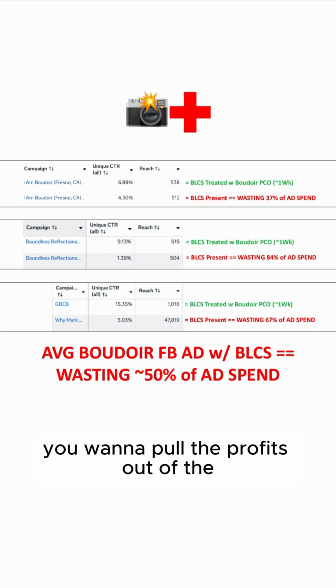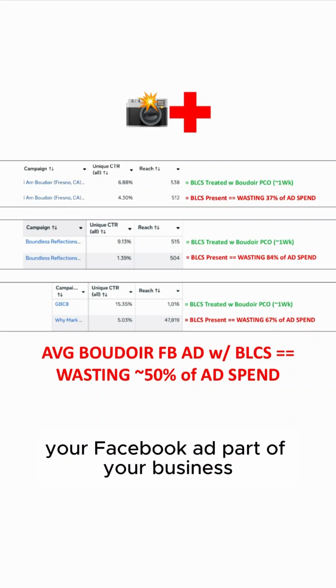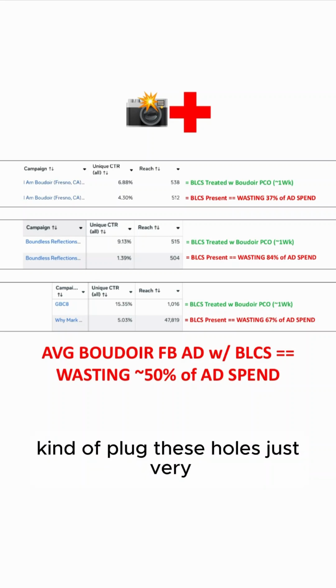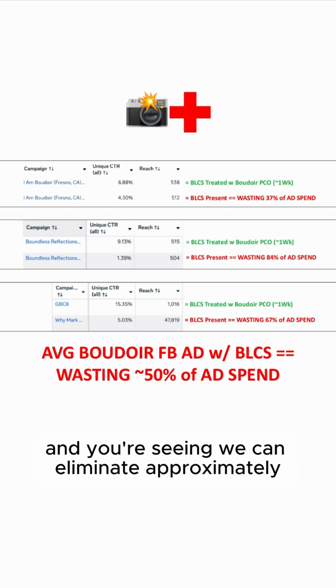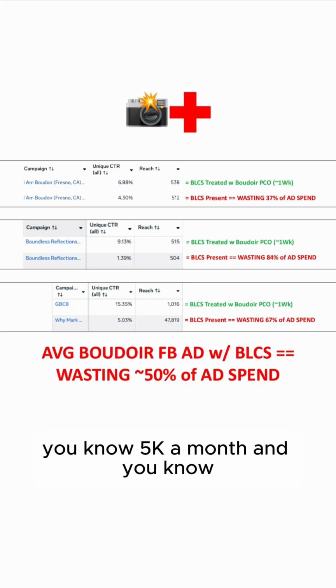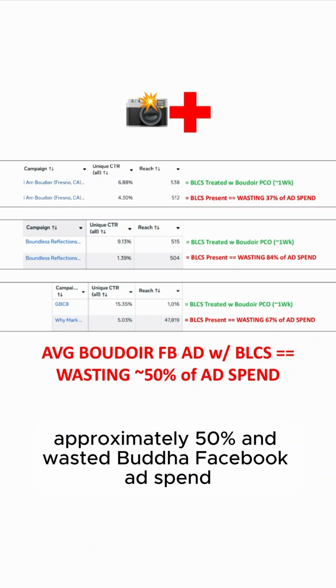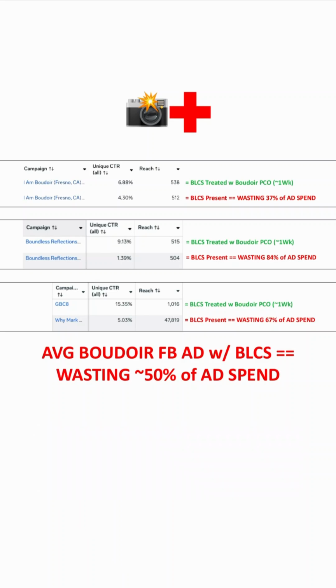You want to pull the profits out of your Facebook ad part of your business, plug these holes, which is very quick, takes only about a week. And you're seeing we can eliminate approximately 5K a month, approximately 50%, in wasted boudoir Facebook ad spend.